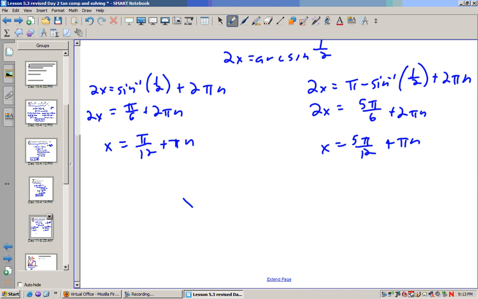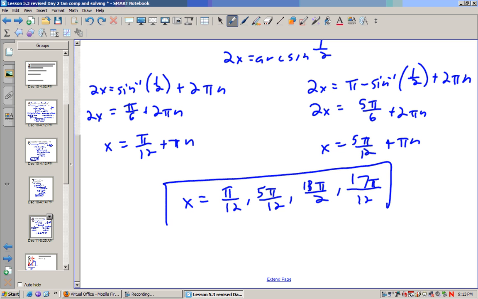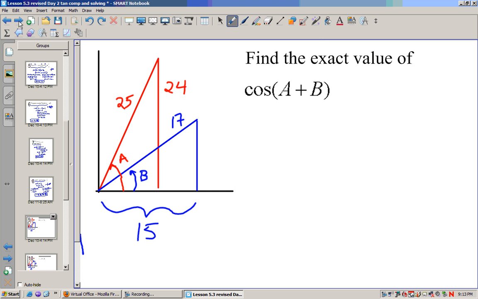And so my values for x are going to be pi over 12, 5 pi over 12, 13 pi over 12, and then that would be 17 pi over 12. So those are all the values between 0 and 2 pi. Guess I didn't need that line going through it. Alright, now we're going to go to a different type of problem.